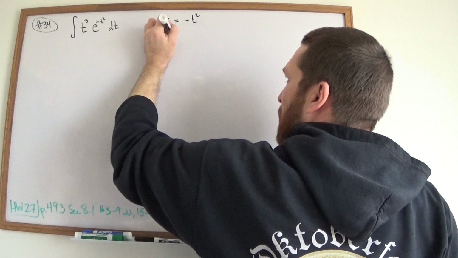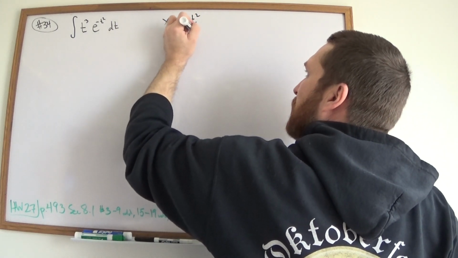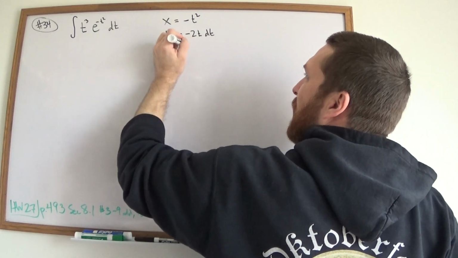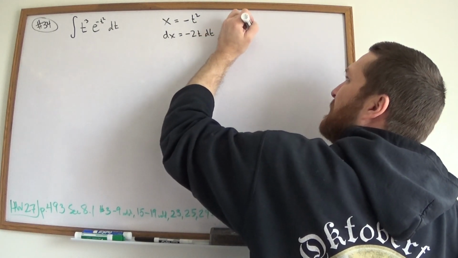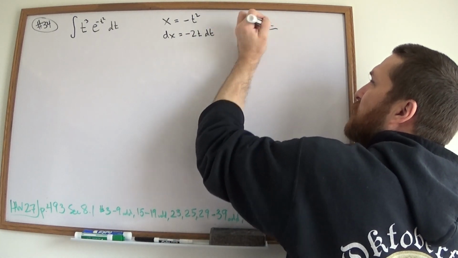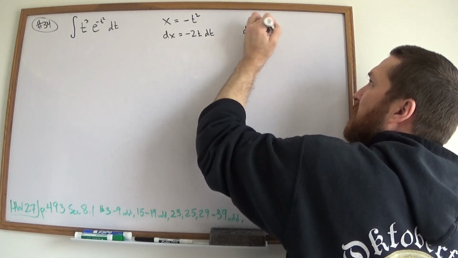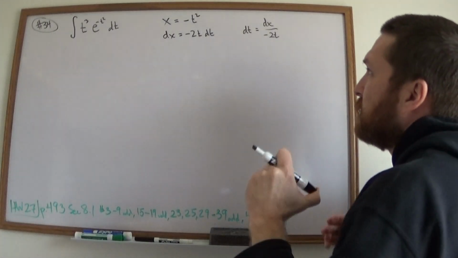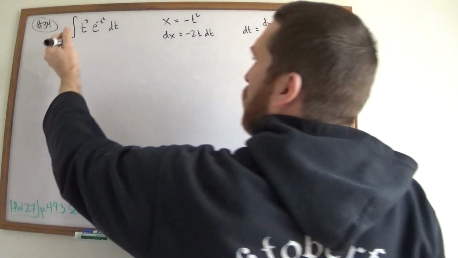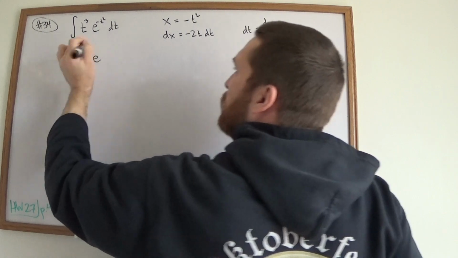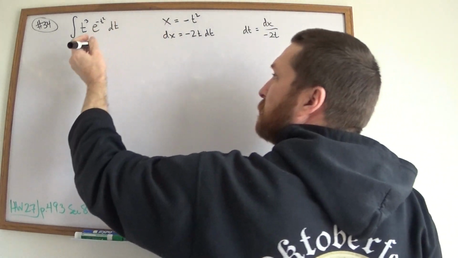So that dx equals, let's see, negative 2t dt. So that now my dt is equal to dx over negative 2t. And we go and plug that stuff in, and let's see what happens. So here's t cubed e to the, now it's to the x.